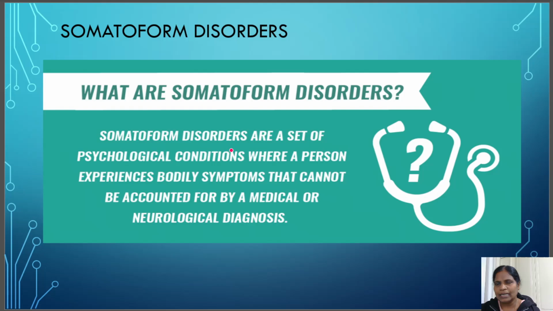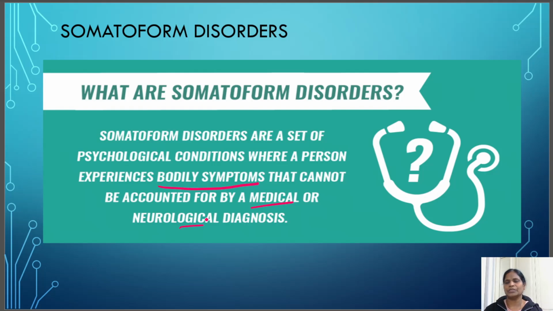So let's have a glance at this. A set of psychological conditions where a person experiences bodily symptoms. Some signs and symptoms are present in this person, and these symptoms do not account for any medical or neurological diagnosis. So medically and neurologically they are fine, but still the person suffers with some body symptoms.